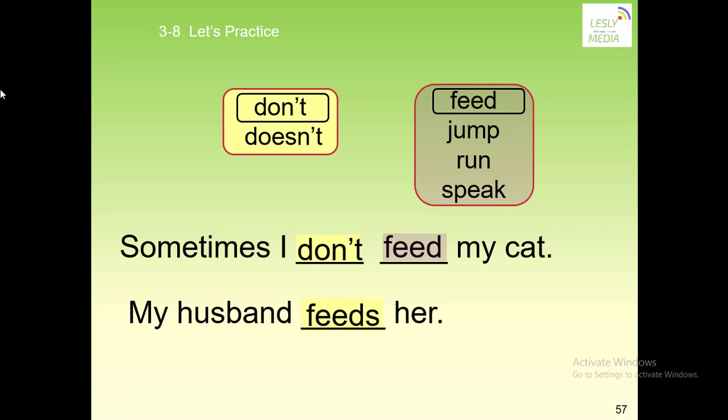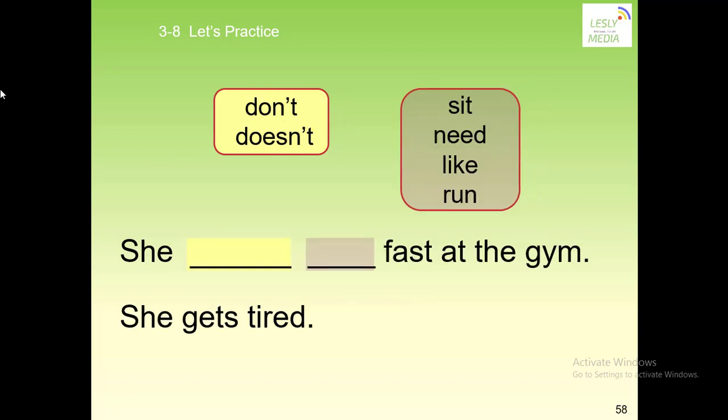Okay? Next. She blah blah blah fast at the gym. She gets tired. So what is the answer? Don't or doesn't? Just choose it. Yeah, that's true. She doesn't. Okay, can you choose the verb here? Okay, run. That's true. She doesn't run fast at the gym. She gets tired.